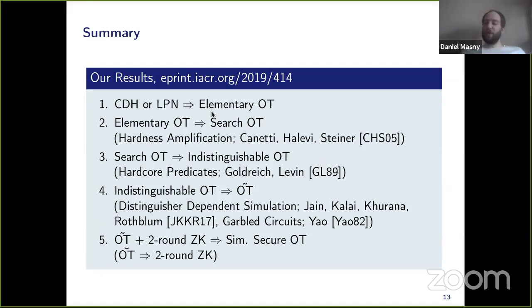We show that this very simple notion of elementary OT is actually sufficient for getting simulation-based secure OT. So if you are interested in showing a feasibility result that an assumption implies simulation-based secure OT, it's sufficient to consider this very simple notion of elementary OT.